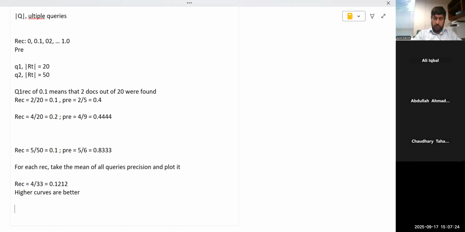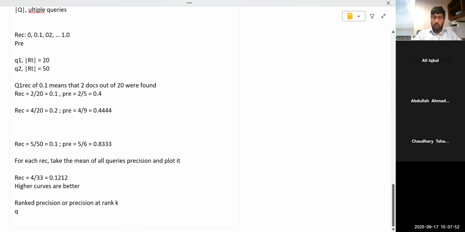There are more measures, and usually in practice you have to use almost all the measures. So another measure is the ranked precision, sometimes also called precision at rank k. So what does this mean?